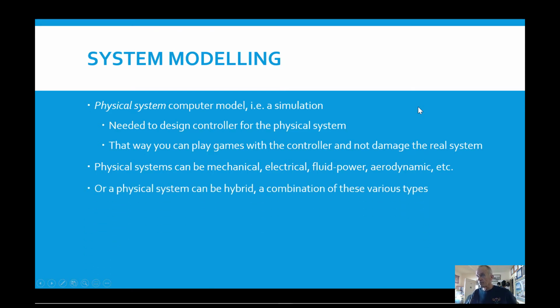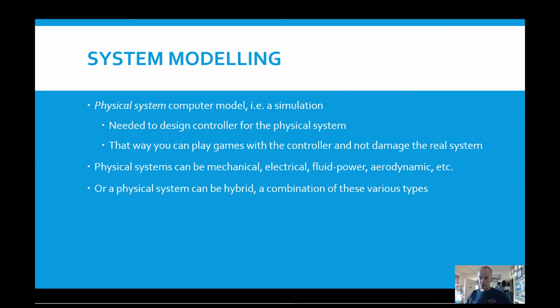A physical system also does not necessarily need to be simply in one domain, like a purely mechanical system. You can have cross-domain systems. You can have electromechanical systems, electrohydraulic systems, or even 3 or 4 domain systems where you cross these various domains.